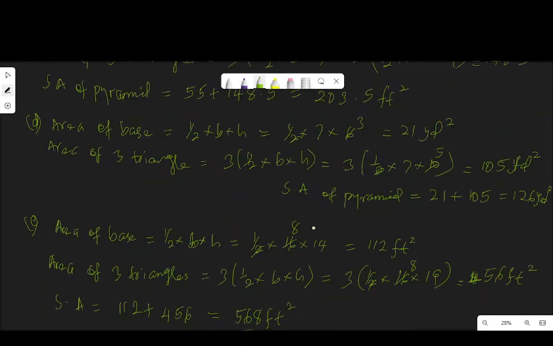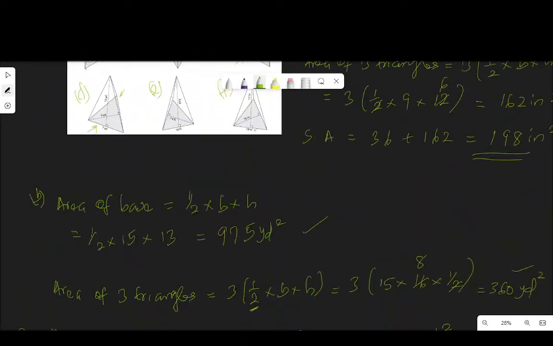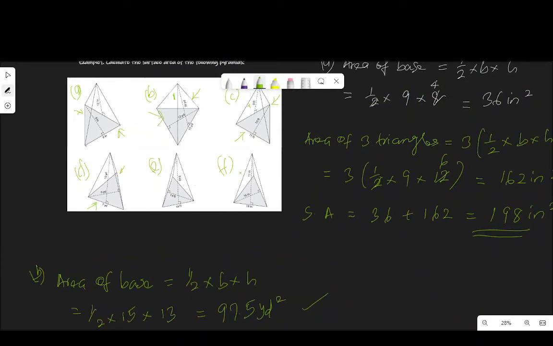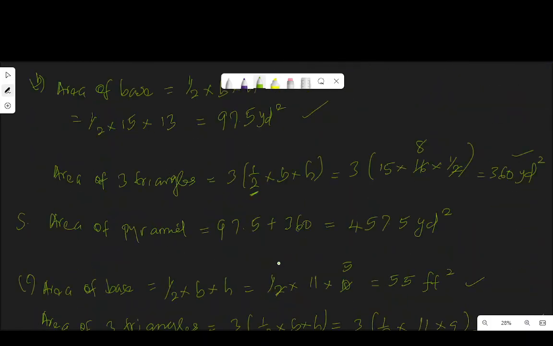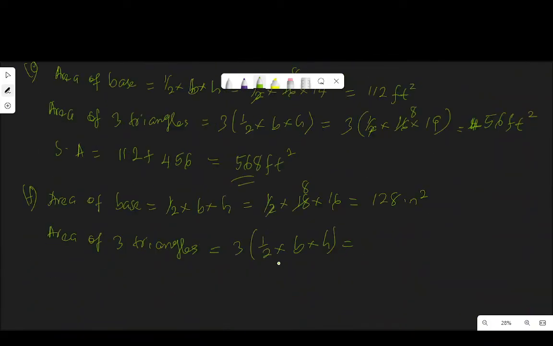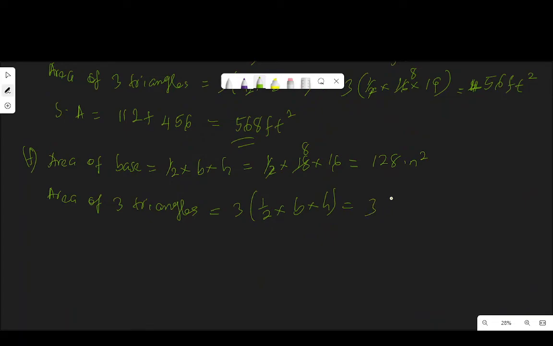All the triangles are the same, they are equilateral triangles: this triangle right here, this one, and the one down. So what is their base? Their base is 18 inches. Their height is 17 inches. 18 by 17. 3 times 1 over 2 times 18 times 17.